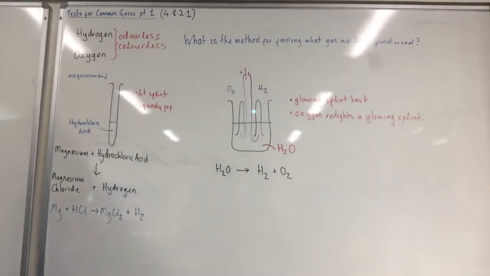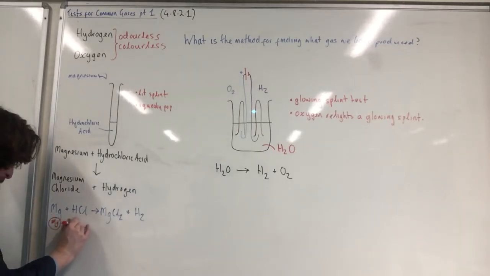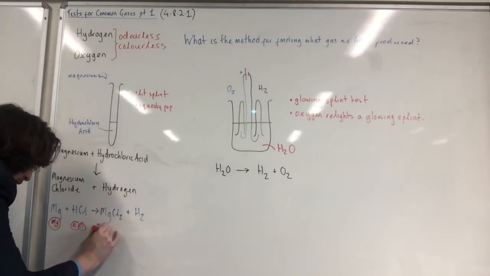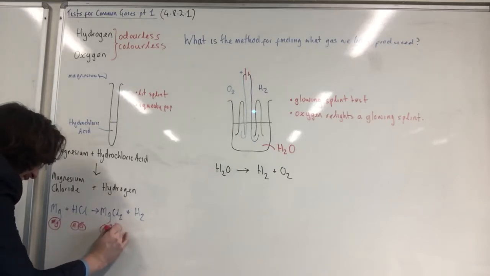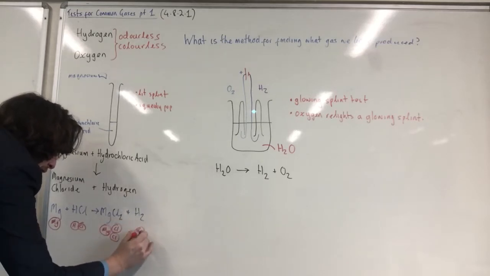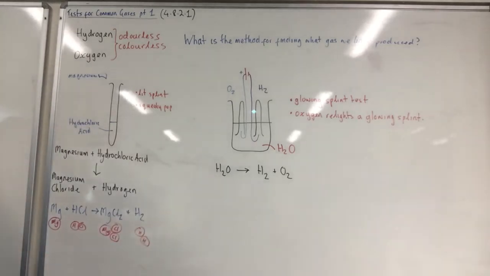My equation is not balanced, so using the bubble method, we've got Mg, we've got HCl attached to each other, we've got MgCl that are both attached to each other, and we've got hydrogens that are both attached to each other. So, we've got 2 chlorines here and 1 chlorine here, so this is not balanced.